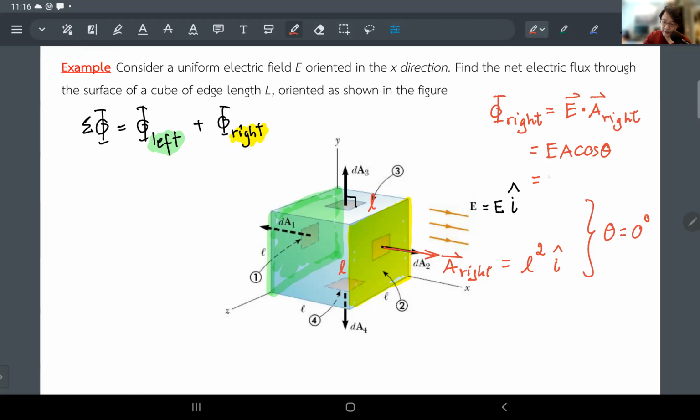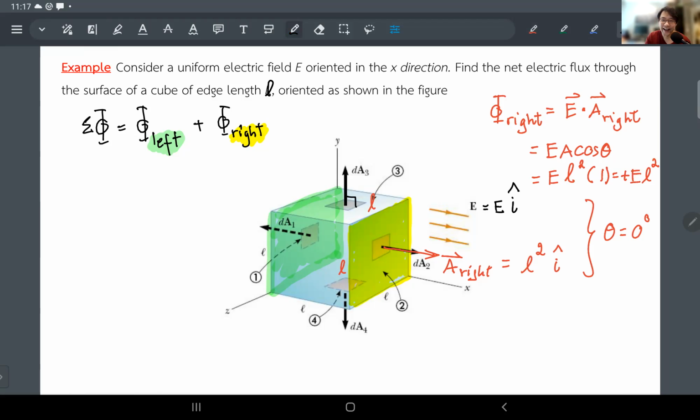Electric field E has a magnitude E that's given. The magnitude of the area is just L squared. And the cosine theta is going to be cosine 0, and that is 1. So the flux on this surface is positive E L squared. Oh, they use a capital L. Sorry, guys, so let's change it to small l then.